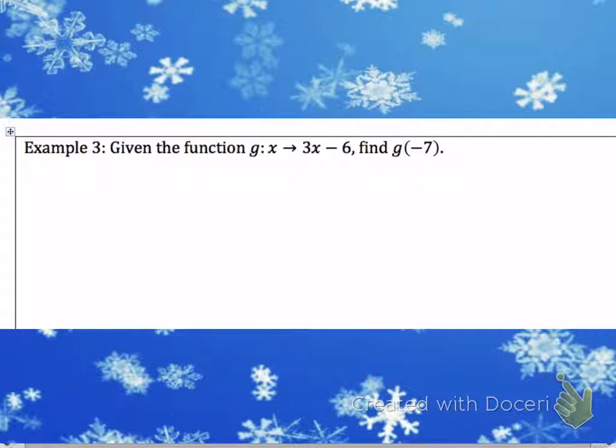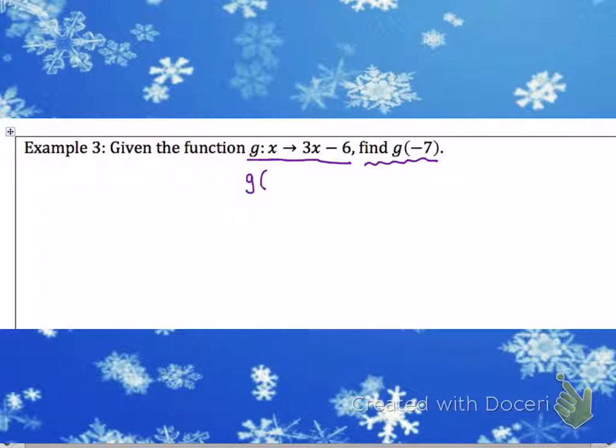In example 3, we're given the function g of x. It's stating that g of x is 3 times x minus 6, and we're asked to find g of -7. So that's telling you to plug in -7 for your x value and find the y.